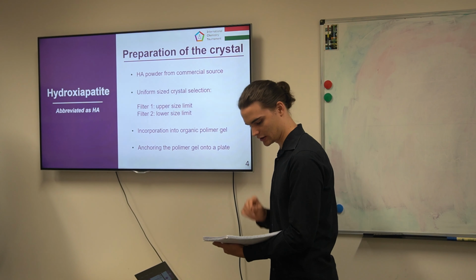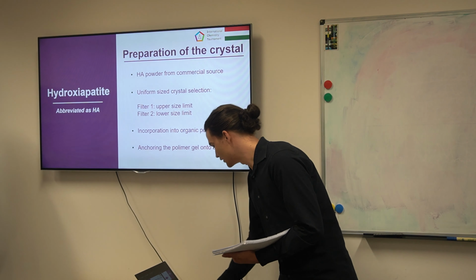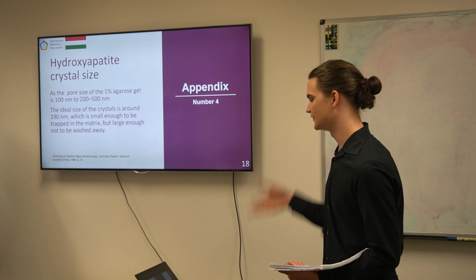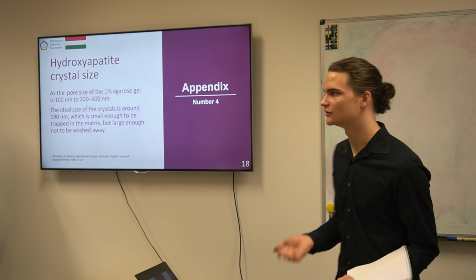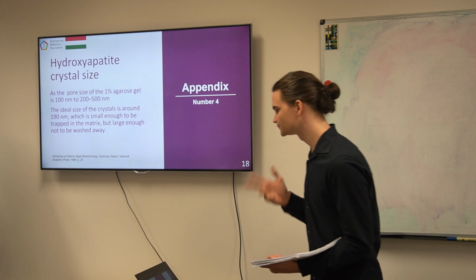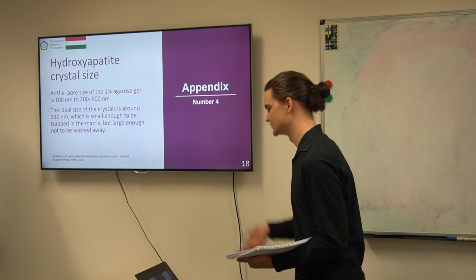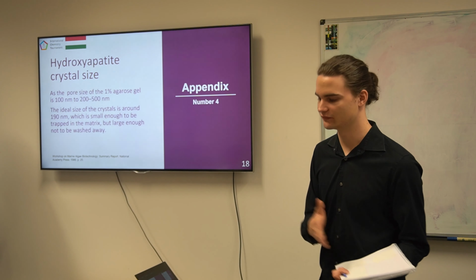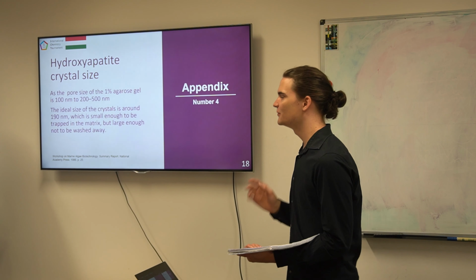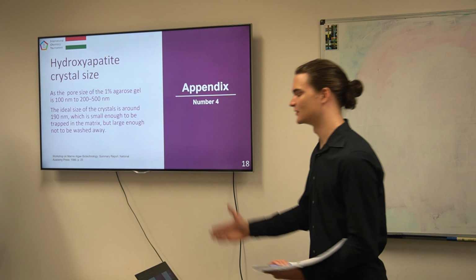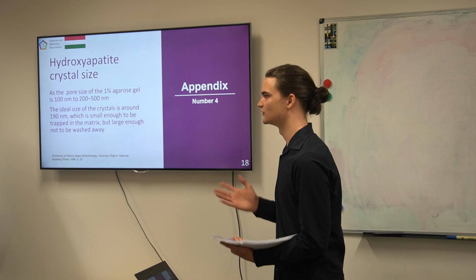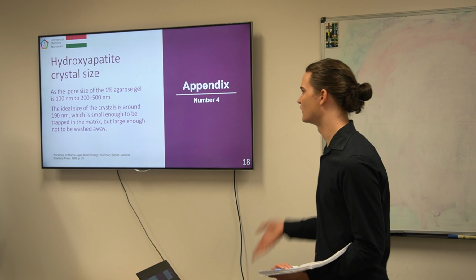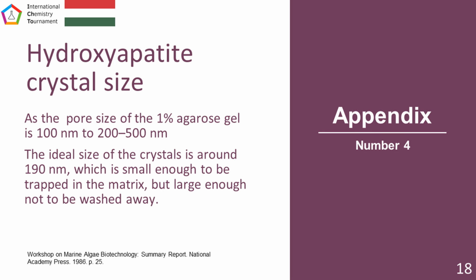As I may go to my appendix, the ideal size of the crystal is around 190 nanometers, and so we should try to filter for this. However, obviously you can't filter for this exact number, but you can find particles with a range of 185 to 195. So I don't think that it would pose a problem.